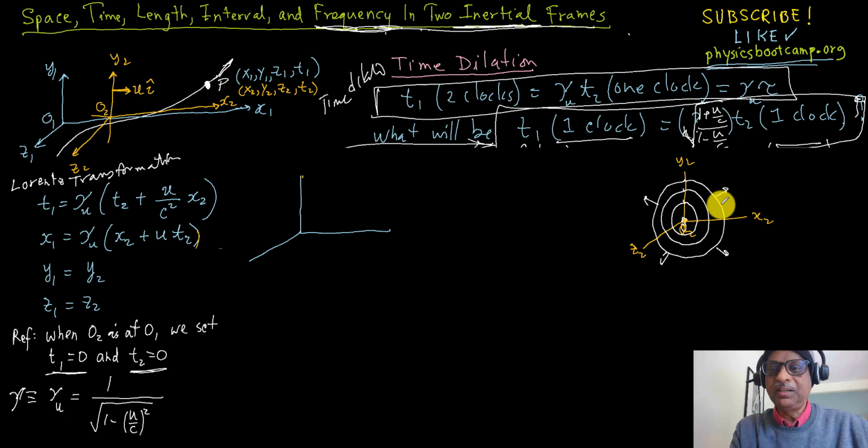This was, say, emitted at t equals 0, this is t equals 1 period later, t equals 2 periods later, and so on and so forth.